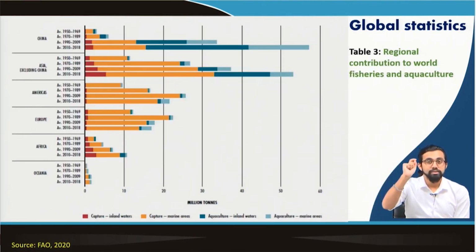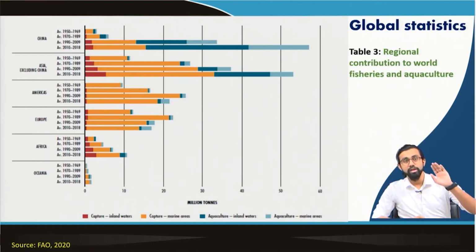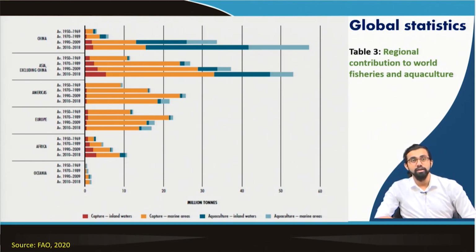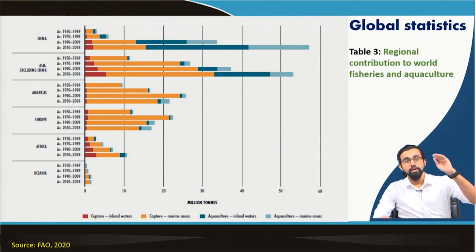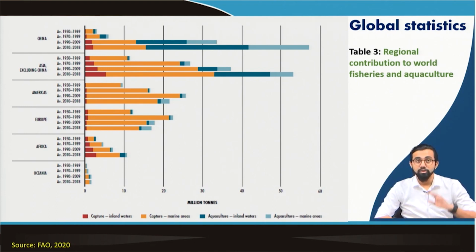If you see the regional distribution, in the period of 1950 to 1969, that 20-year period, Asia, America and Europe had a huge amount of aquaculture production compared to China.